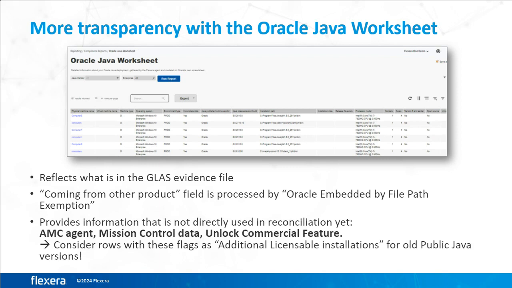It's still the situation that these are not processed or considered during our recognition process, right? So this is key. This report is providing this insight. If you have old versions in the system, the old ones, not the new ones, then you should double check here if one of the columns is set to true, and then you know, okay, this needs a license.